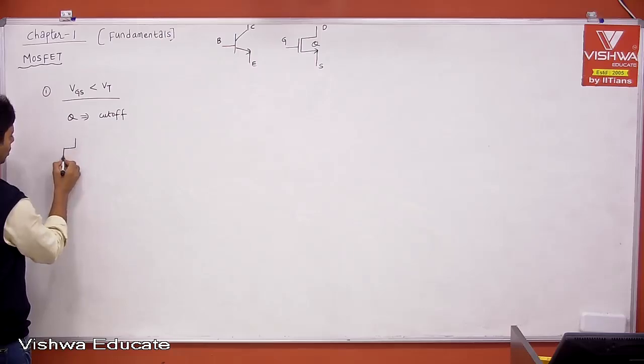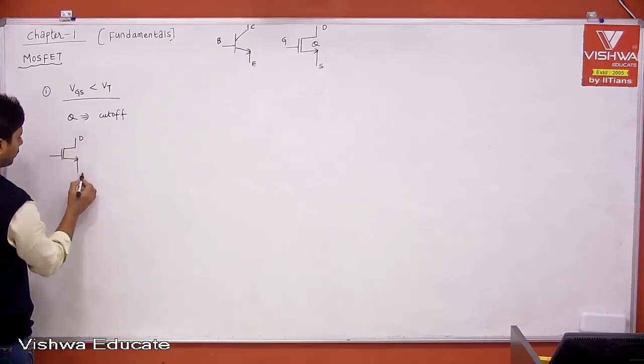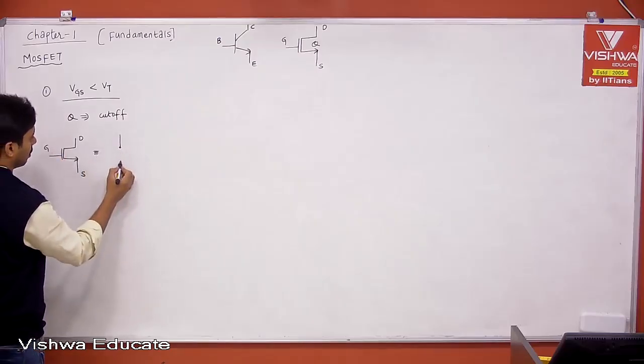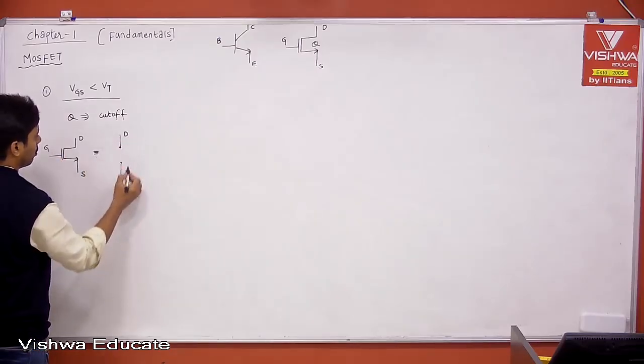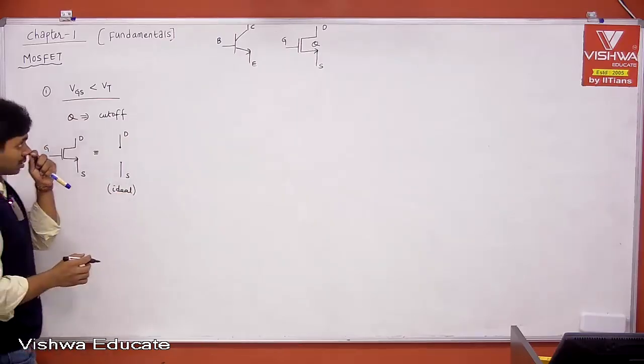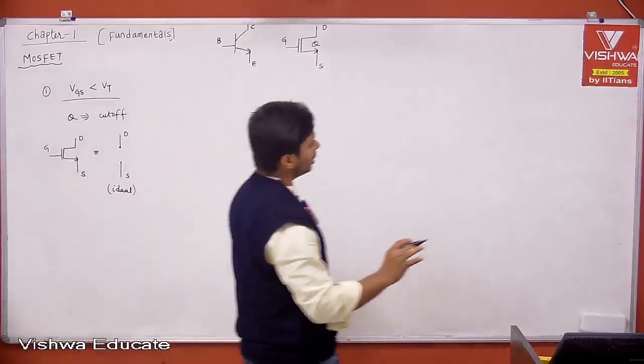Then what is the equivalent circuit? This is drain, source, gate. Then this is your open circuit. This is again the ideal model. But if you take the practical model, maybe I can explain a little bit.